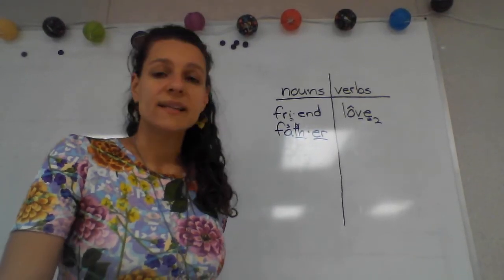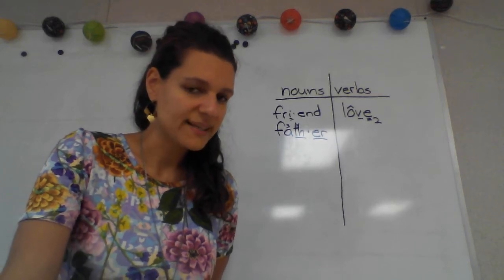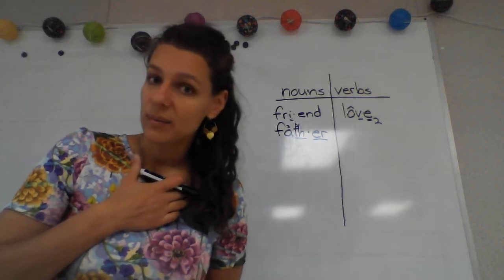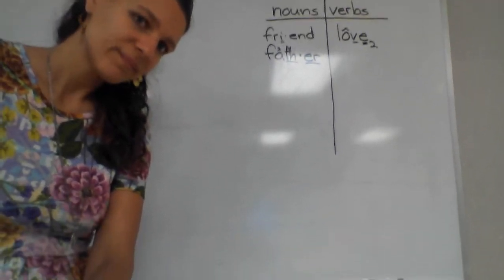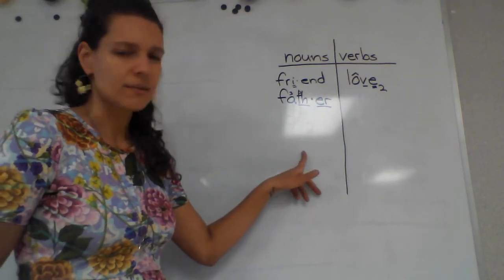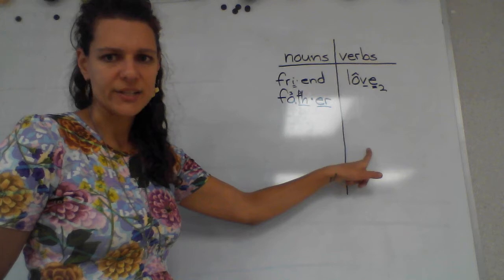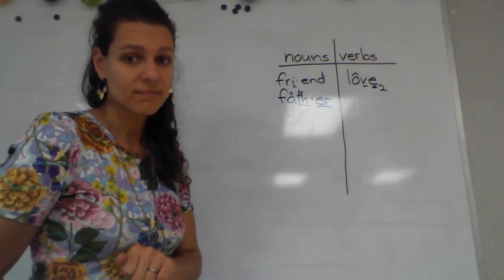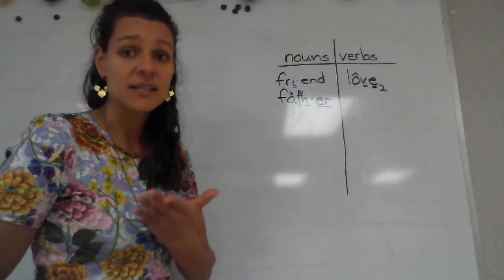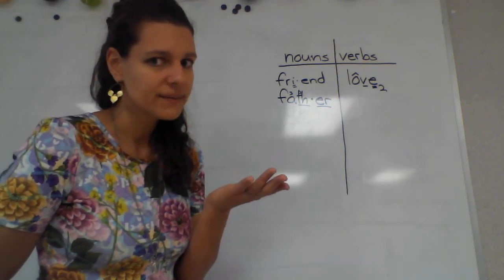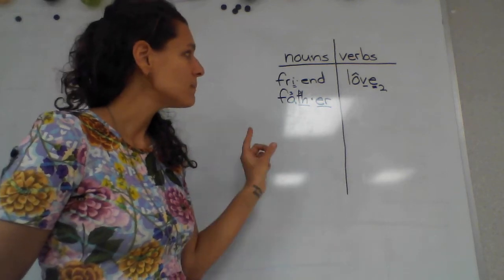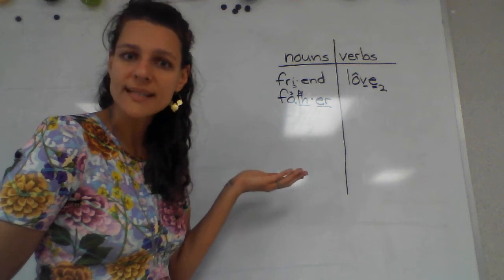All right, next let's do people. But how do we say people to spell it? Excellent work if you said people. All right, are people a person, place, or thing, or an action? Well, people is actually just the plural. What does plural mean? Nice job if you said more than one. People is the plural of person.